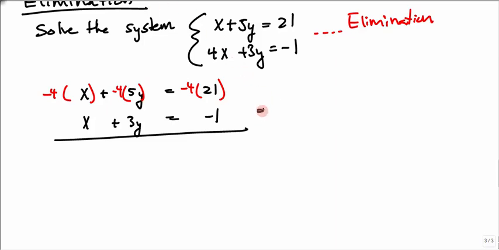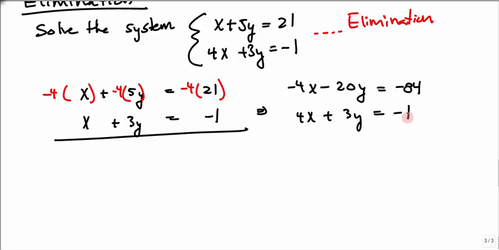So what we have on the top then is negative 4x minus 20y equals negative 4 times 21, which is negative 84. Now the most common thing to do is to forget to multiply this middle term, because sometimes we just think it's whatever's on the left and whatever's on the right, but it has to be all terms to keep that balance. Underneath we have 4x plus 3y equals negative 1.